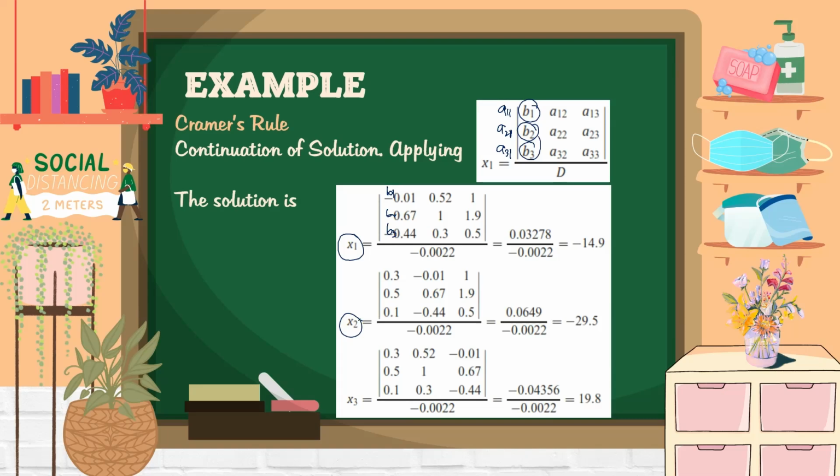And for x sub 2, what we change is this will be the b1, b2, and b3. For x sub 3, instead of using a13, a23, and a33, we use here the values of b1, b2, and b3. And we were able to find the values of x sub 1, x sub 2, and x sub 3 respectively.